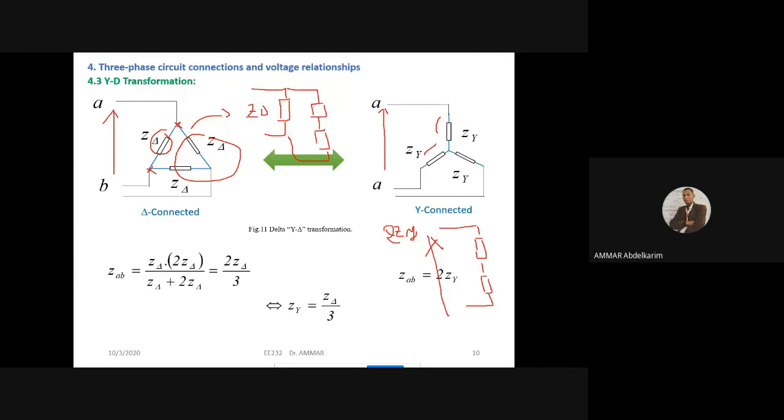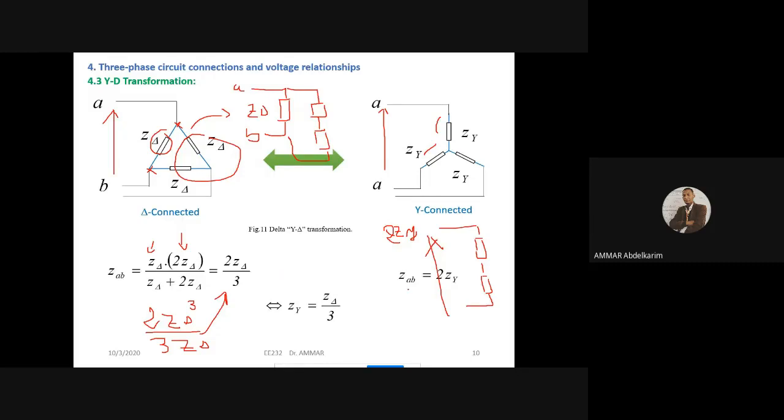So ZAB equals Z delta in parallel with 2 Z delta, and it becomes 2 Z delta squared over 3 Z delta, which equals 2 Z delta over 3.